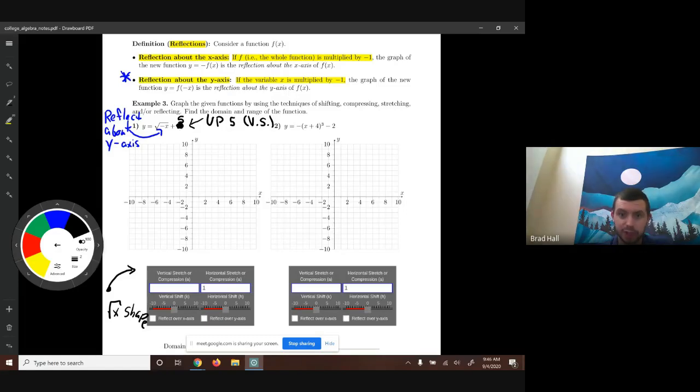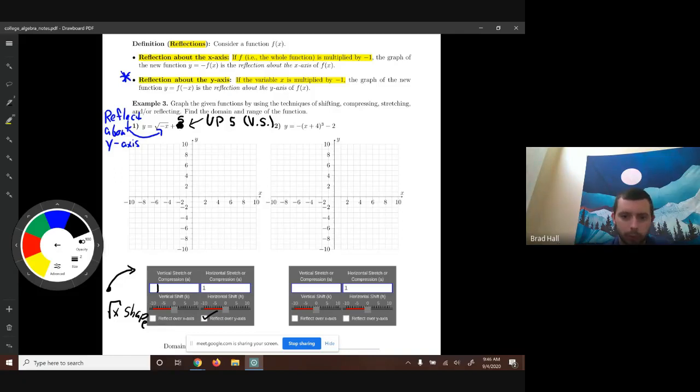You select that shape, and then from there, you get the table. There is no vertical stretch or compression, so it should already say 1, and we're just going to leave it at 1. We reflect about the y-axis, so you would just check that off. You would click that, and it will reflect the graph for you.